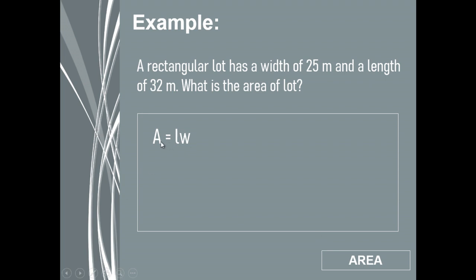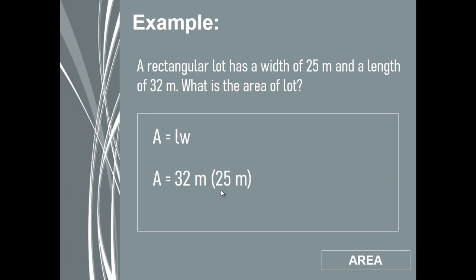That will be A equals length times width. Again, whenever you see two letters, or a number and a letter, side by side, it indicates multiplication. So, this will be length times width. Simply substitute: A equals, our length is 32 meters, then the width is 25 meters.